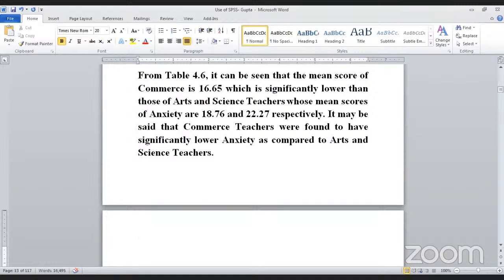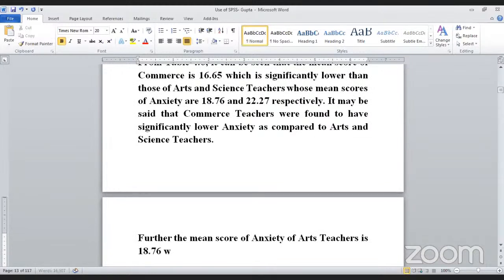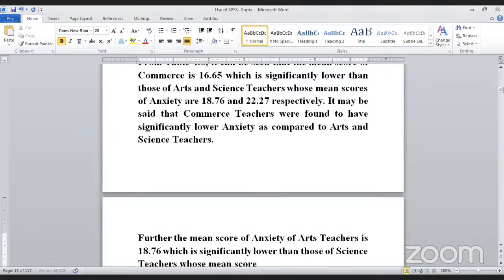Further, the mean score of anxiety of arts teachers is 18.76, which is significantly lower than those of science teachers, whose mean score of anxiety is 22.27.